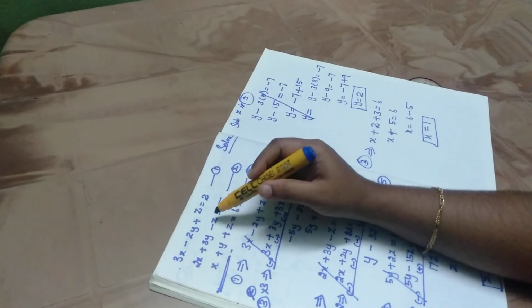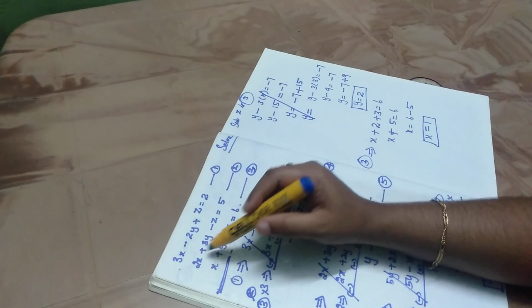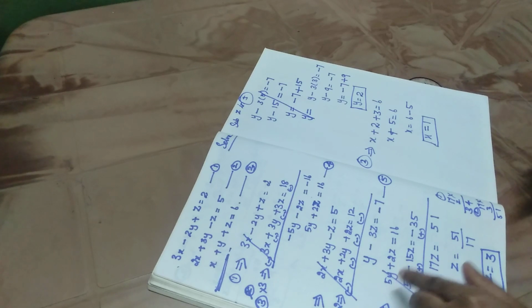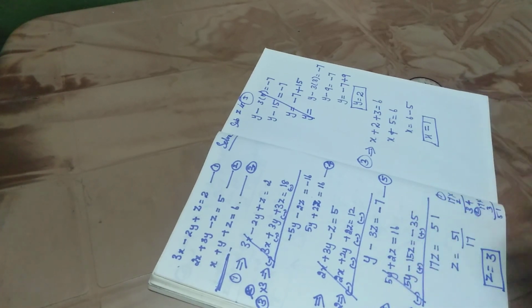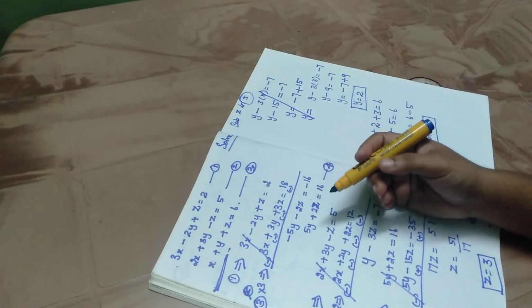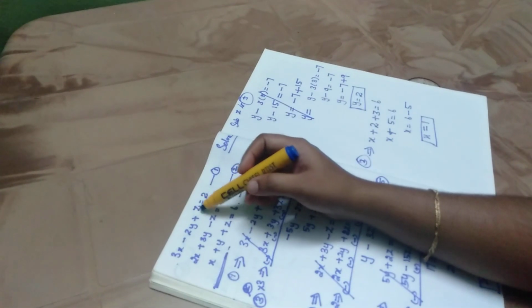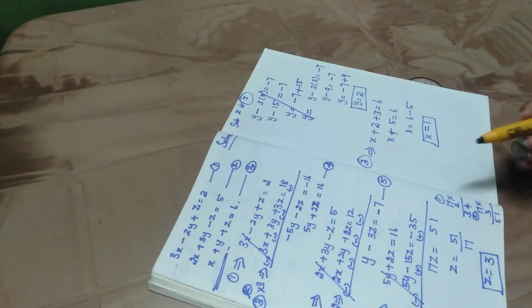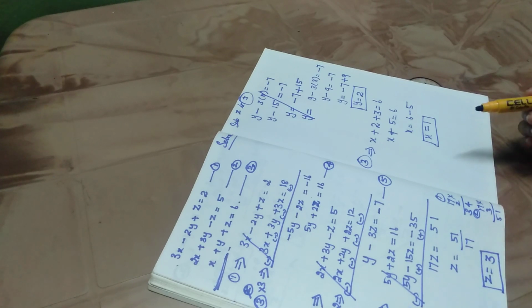Same using the second and third, minus and plus cancel, you will get x and y. So use x and y and find the x, y, z values. You try that one by cancelling z. First find x and y separately, and finally find the z value.